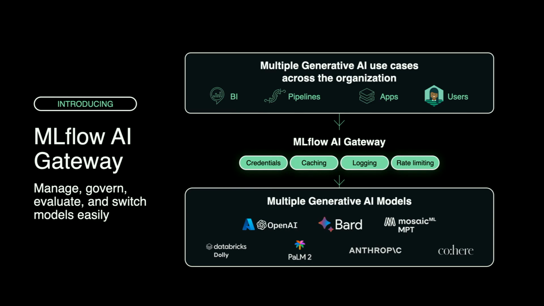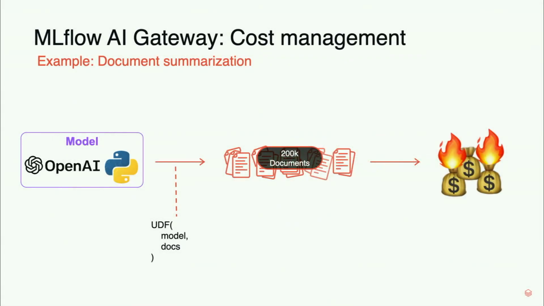And also the ability to rate limit people. You can imagine with the cost rate for some of these providers, if you don't have the ability to restrict how people are using it, one of the users could issue something like an embedding request for 200,000 documents, and you just spent a ton of money, and that could have been an error, or they could have been testing something.